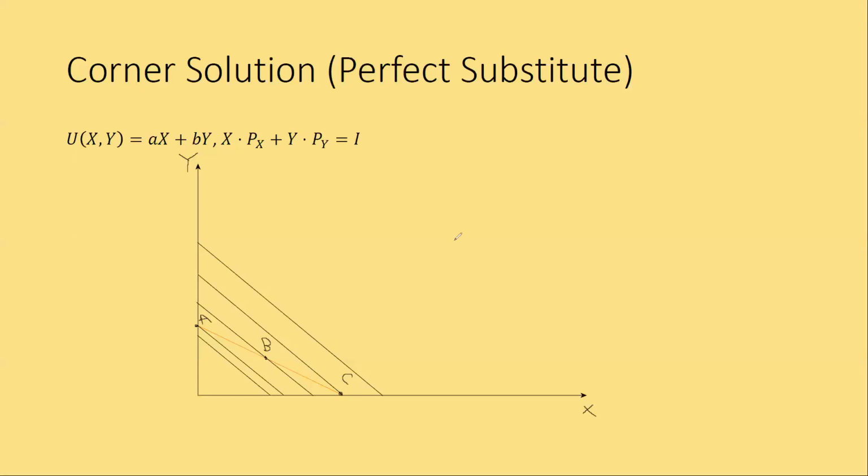So what is special about this optimal point? Or to say, how do we find it? Well, point C is the point where the consumer spends all of her income consuming good X and spends none of her income consuming good Y in this case.